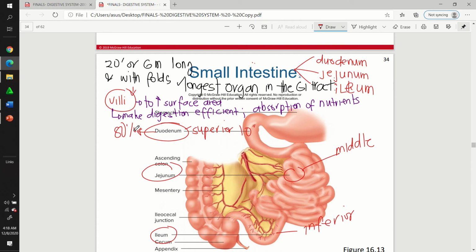In your jejunum and your ileum, their function is for the other 20%. They clean up the rest and finish absorbing the nutrients.